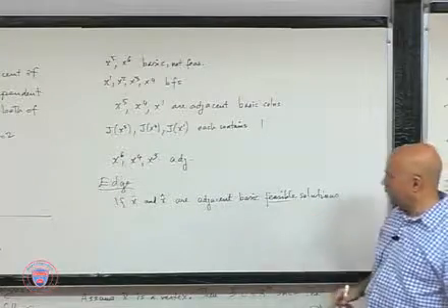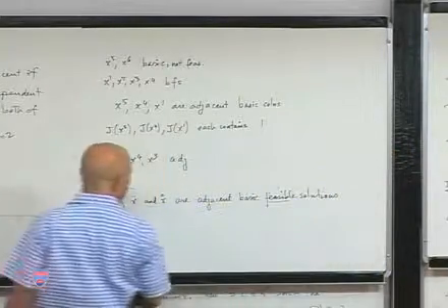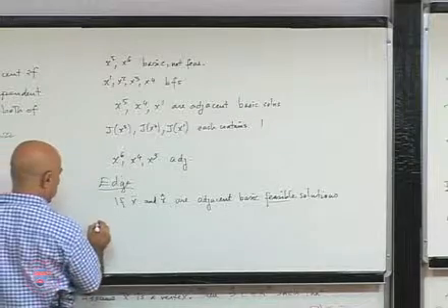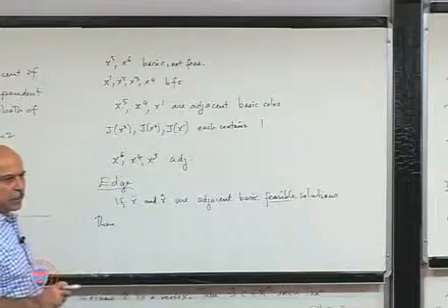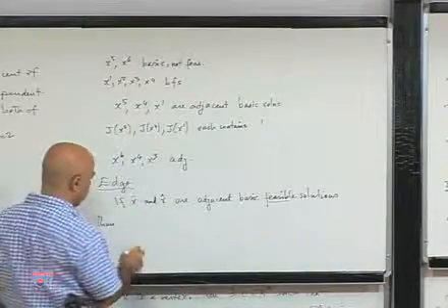Okay? Over here we have feasibility as well. If there are adjacent basic feasible solutions, then the set of points on the line segment connecting them is called an edge of P.